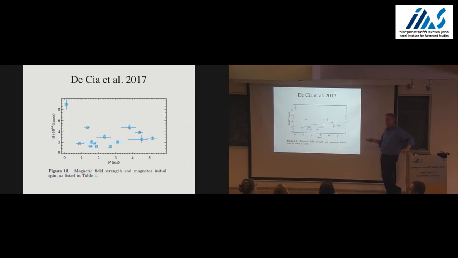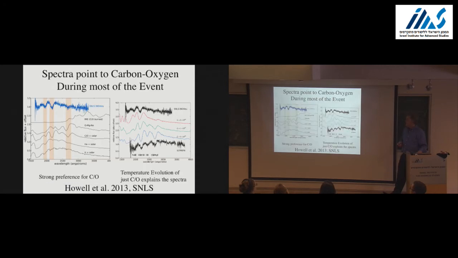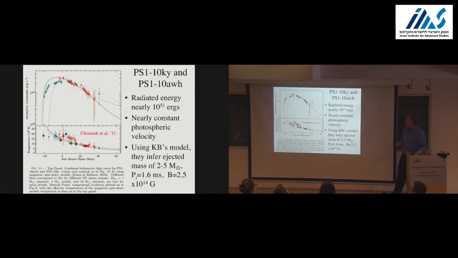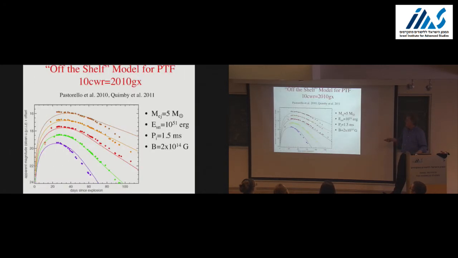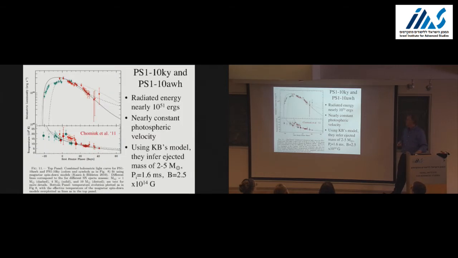This is from fitting those formulae. I kind of breezed through it, but you play this game and infer a spin down, and these are just assuming the dipole spin down formula.